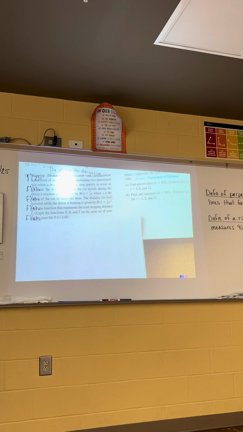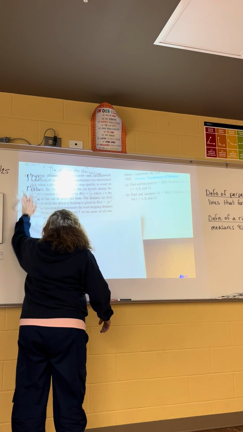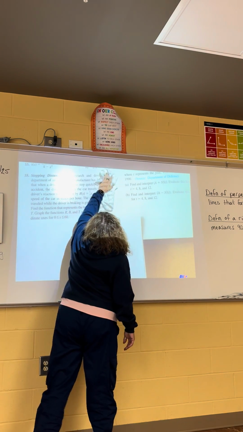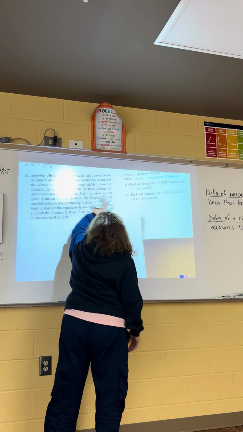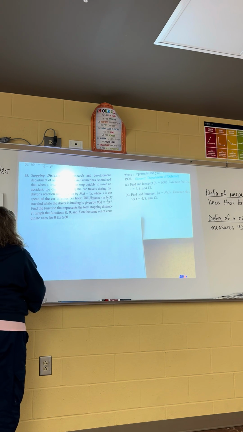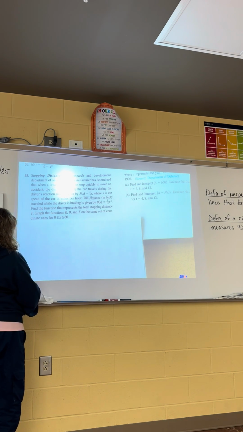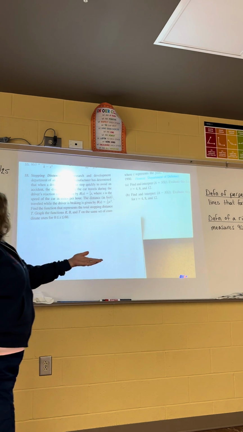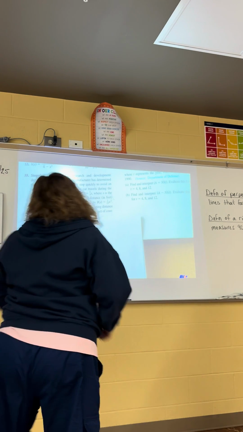Okay, the Research and Development Department of an automobile manufacturer has determined that when a driver is required to stop quickly to avoid an accident, the distance in feet the car travels during the driver's reaction time is given by R of X equals 3/4 X, where X is the speed of the car in miles per hour.